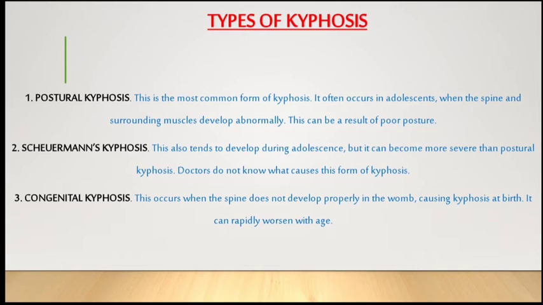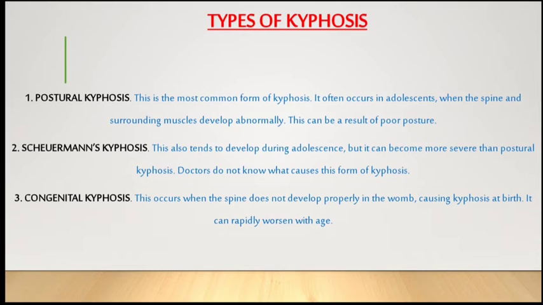Okay, then the second type of kyphosis is Scheuermann's kyphosis. This also tends to develop during adolescence, but it can become more severe than postural kyphosis, and the doctors do not know what causes this form of kyphosis. Okay, then the third type of kyphosis is congenital kyphosis.